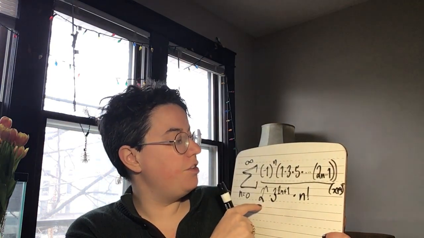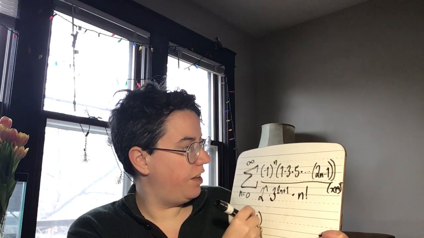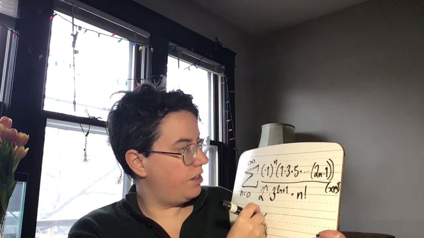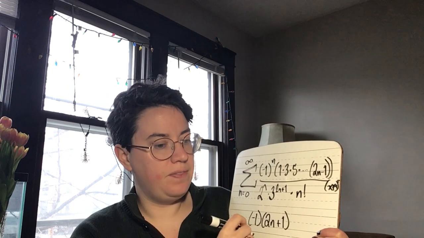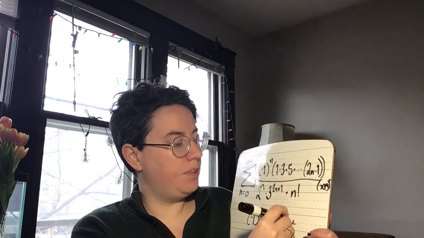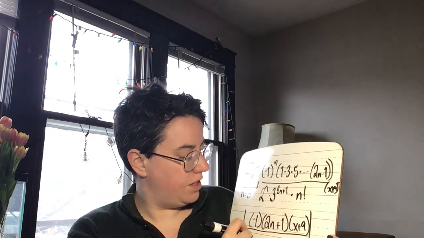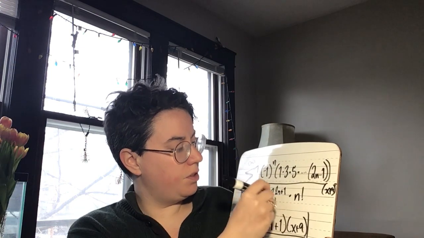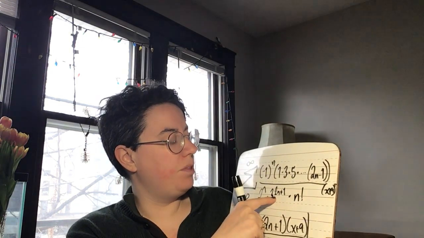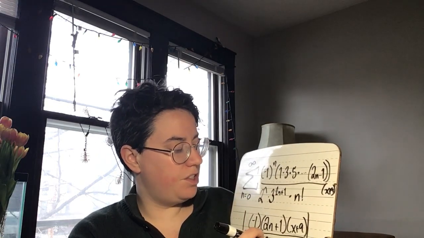So in the numerator, you'll have a negative 1 left, and then a 2n plus 1 from the next odd number after that, and then an x minus 9, over a 2 in the denominator, let's see, a 3, because there'd be 2 to the n plus 1, and then 2 to the n, so that's a difference of 2, and then in the denominator here, n plus 1.